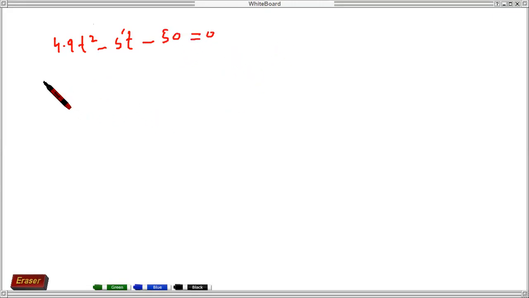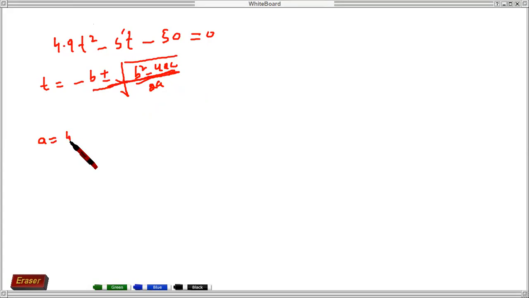We have the formula. t or x is equal to minus b plus minus the square root of b square minus 4ac, divided by 2a. This 2a is also under the root, so this whole thing is under the root. So what are a, b, c actually? a is the coefficient of t square, 4.9. b is minus 5, and c is minus 50.